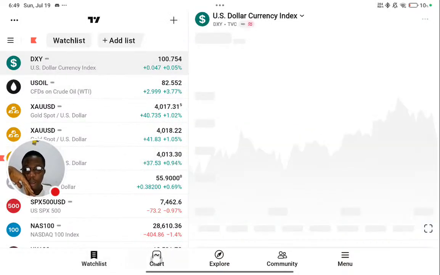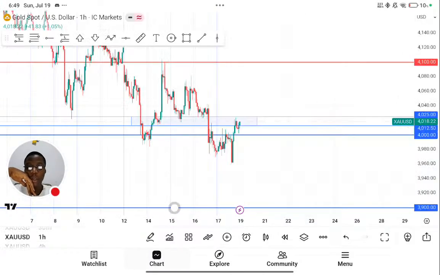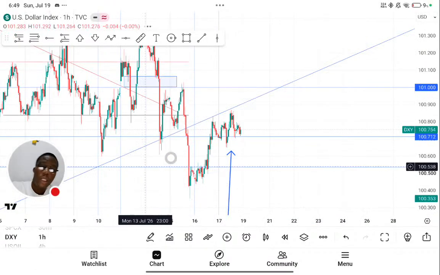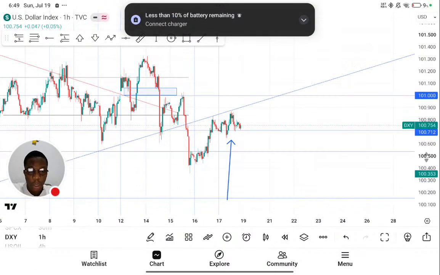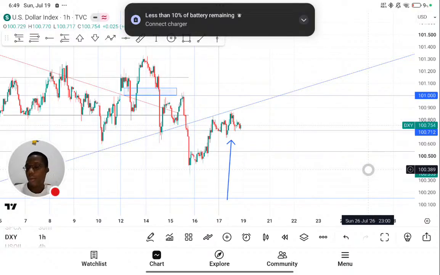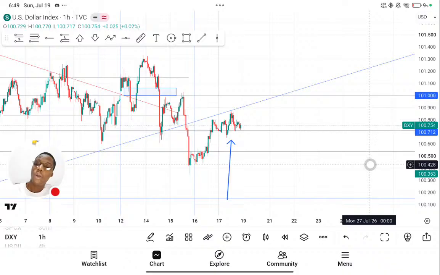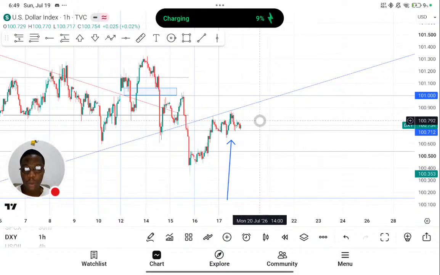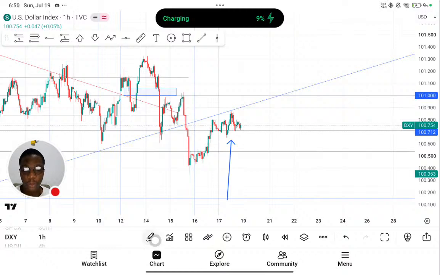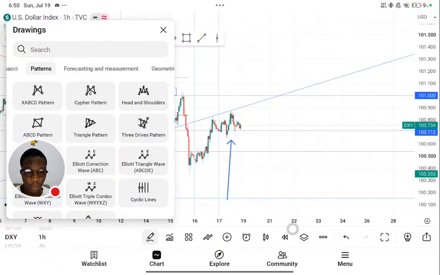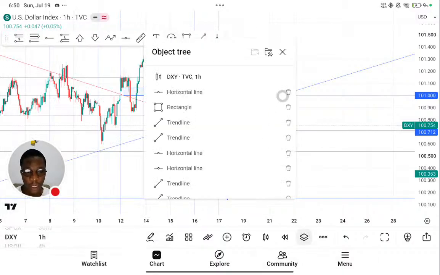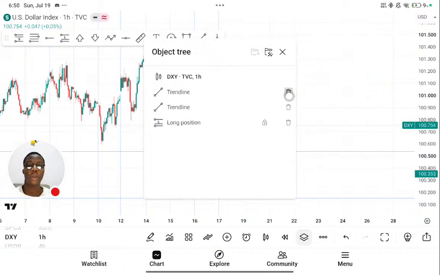Why? Because most assets that we trade have something to do with the USD. So it's only right we start by checking what happened last week, where price is right now, and where price might likely go on market open, to give us an idea how to go about the USD related pairs we trade.